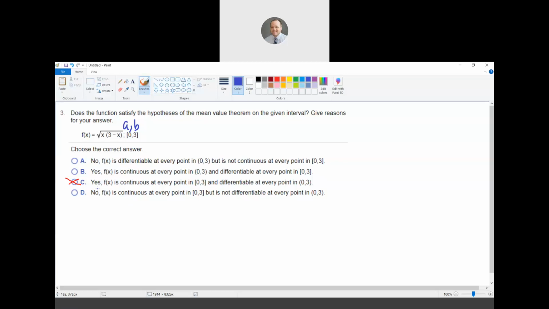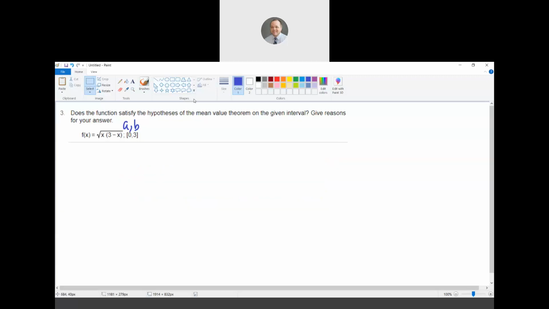And the differentiable part means that we can find some c that's between 0 and 3 that satisfies the mean value theorem. So, now that we know that, let's find f prime of c first.